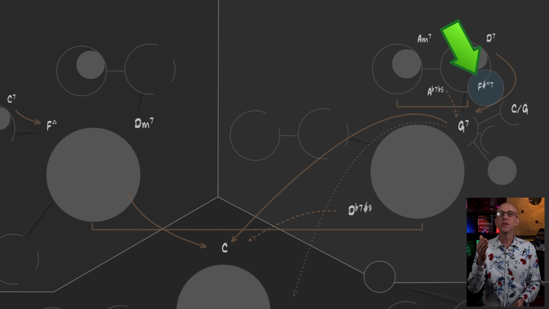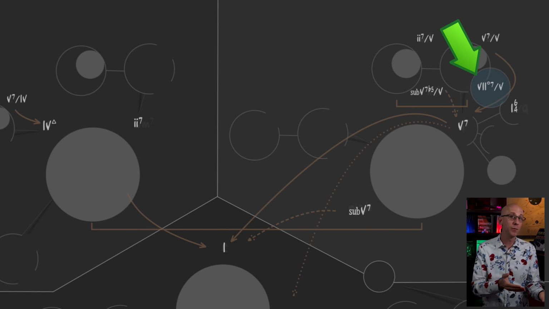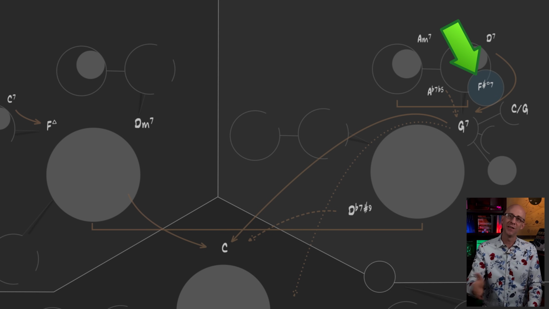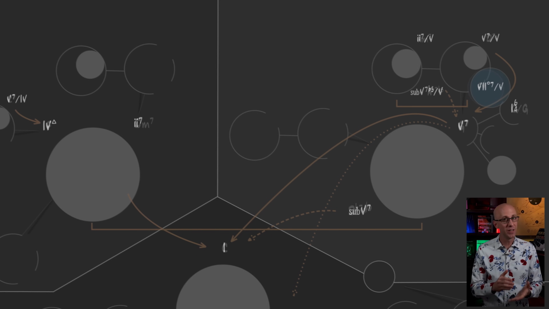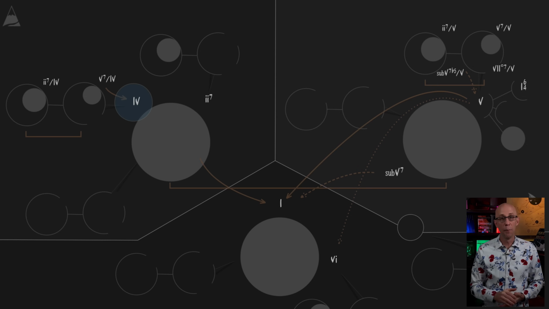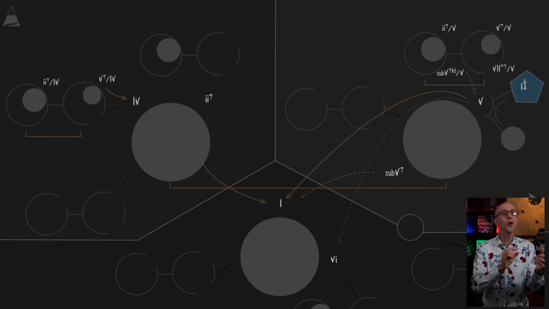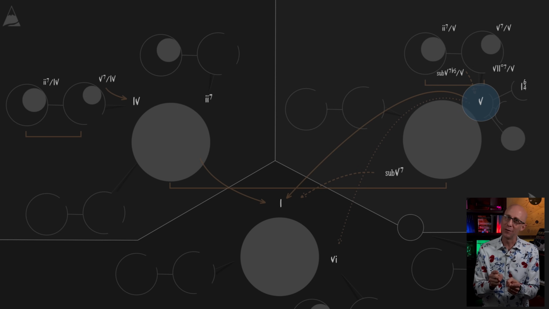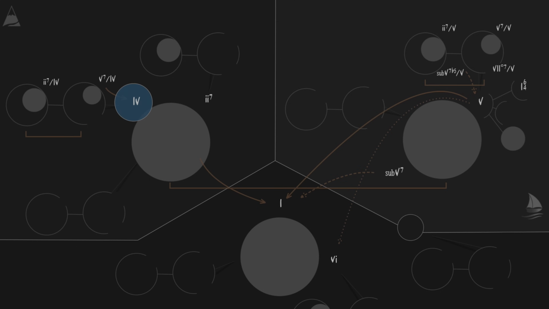Actually, this function is usually expressed as the 7 diminished 7 of 5 right here on the map. So F sharp diminished 7 is a secondary function that targets the G chord. It's the 7 diminished 7 of the G chord. But if we pass through it coming from the 4 chord and then go on to the 1-6-4 before the 5 chord, we get this.